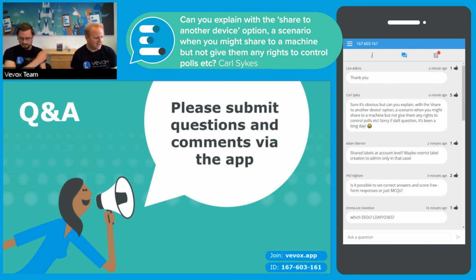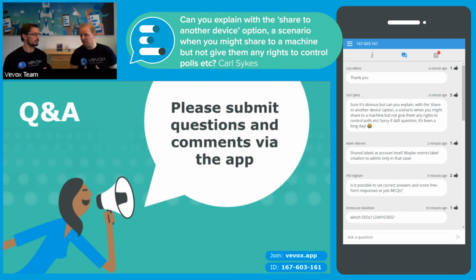For instance, in a meetings and events or conferencing environment, perhaps you've got a third-party company providing AV, and they are providing the laptops you want to display your Q&A board or your polls from. But you just want to make sure you're only giving them that ability, rather than the ability to open, close or edit any of your polls. So it's a bit of a security feature, but also a foolproof thing.